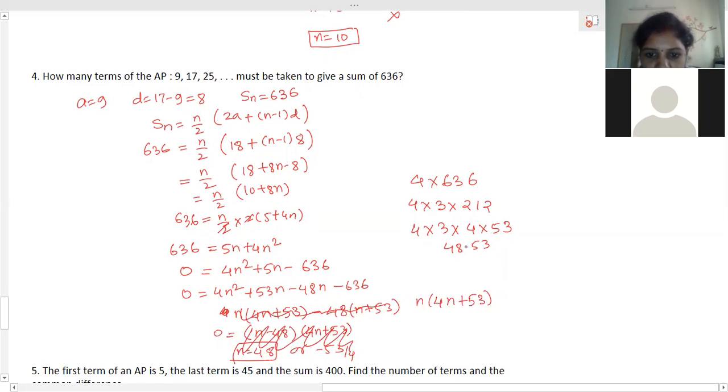Now 48 into 53 is 636. No, it is 636 into 4. That means here we have to take 12 common. 4n plus 12 into 53 is 636. This is the product of this one.